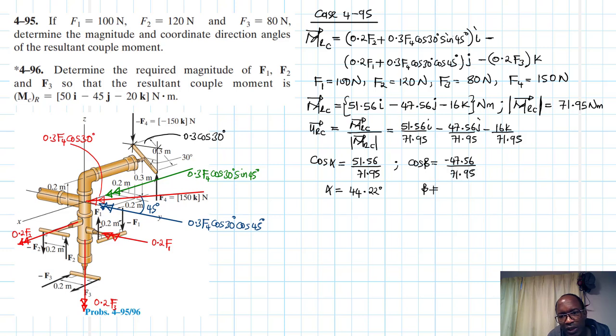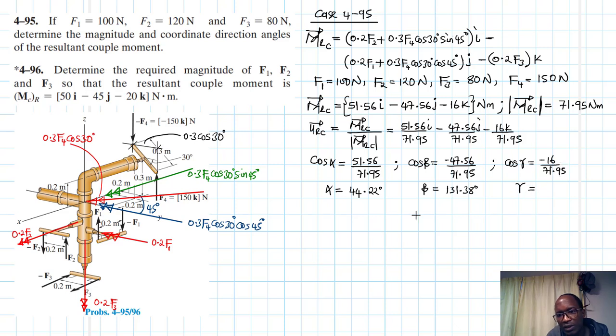Beta therefore gives us 131.38 degrees. Then cos gamma is equal to minus 16 divided by 71.95.